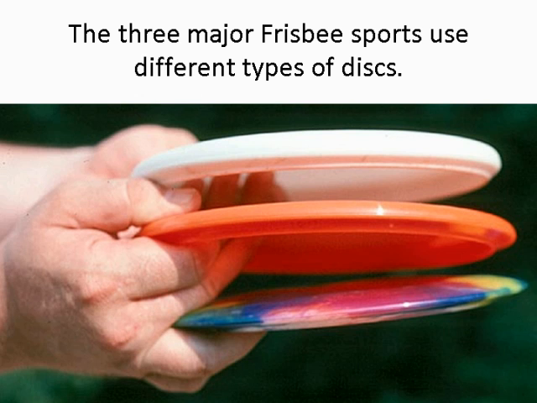There are three major sports that use different types of disc that vary in diameters and weights. The Ultimate Frisbee has a weight of 175 grams and is wider for maximum lift, with about a 10 3/4 inch diameter.